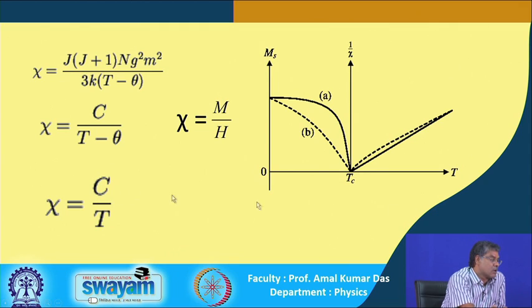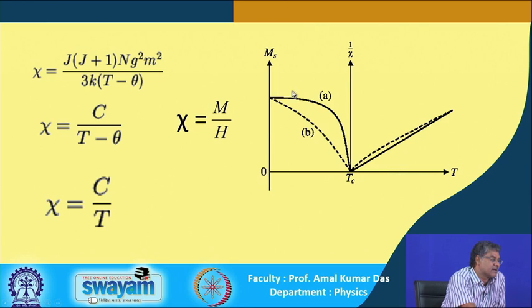But if you plot chi versus T, it will be a hyperbola, and from a hyperbola it will be difficult to find C. So, to extract information you have to apply tricks in plotting. You have to decide whether to plot chi versus T or 1 by chi versus T.